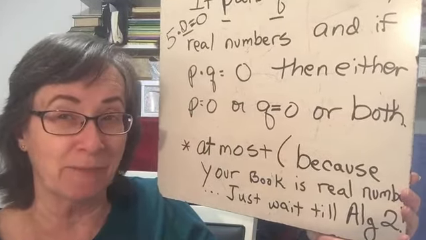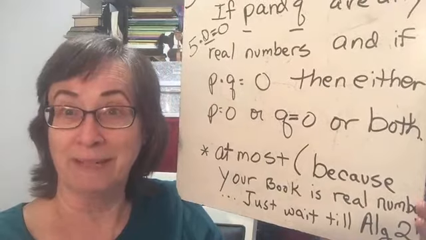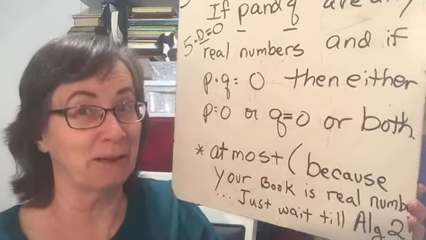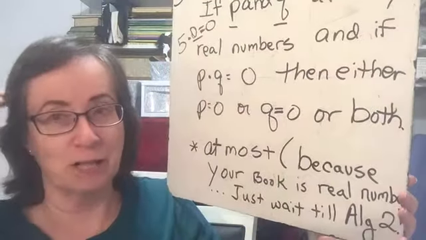Just wait until you get to Algebra 2, and you open a whole new world with what's called imaginary numbers. So, even though quadratics have two solutions, sometimes you might have solutions that are not real. And we're not talking about those in Algebra 1.